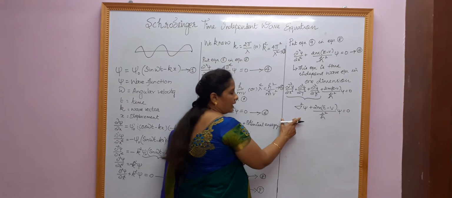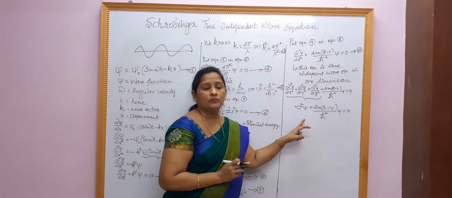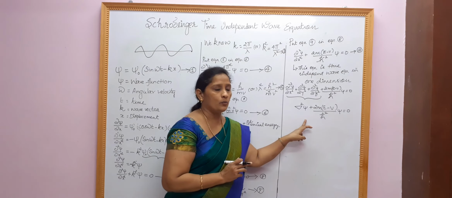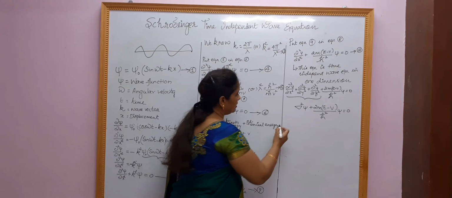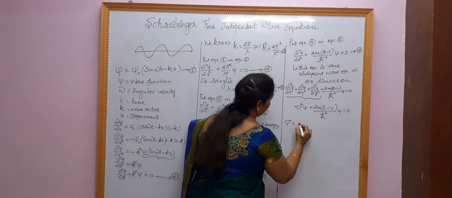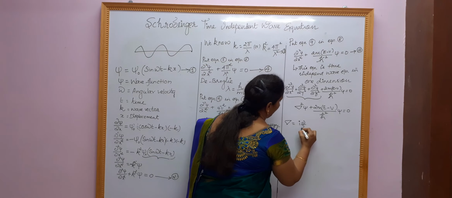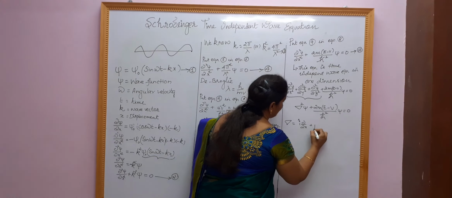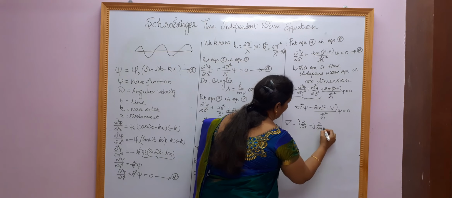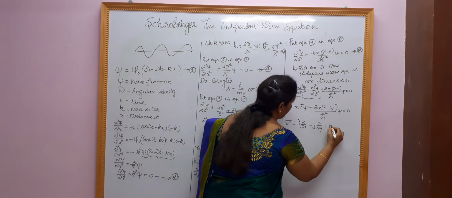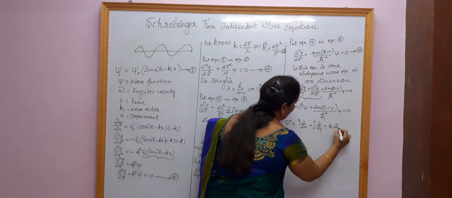This is another form of the Schrodinger time independent wave equation for 3 dimensions, where del is equal to i dou by dou x plus j dou by dou y plus k dou by dou z.